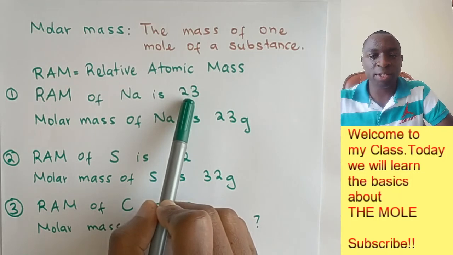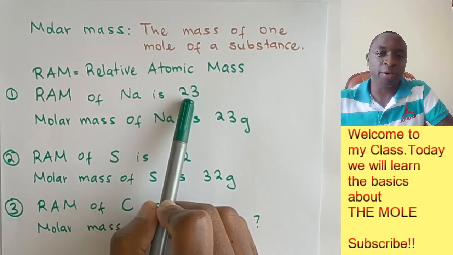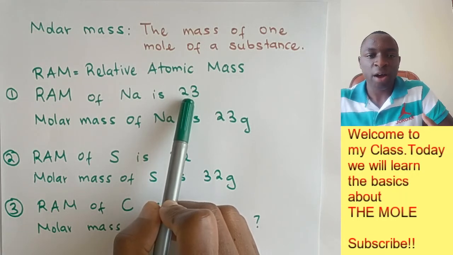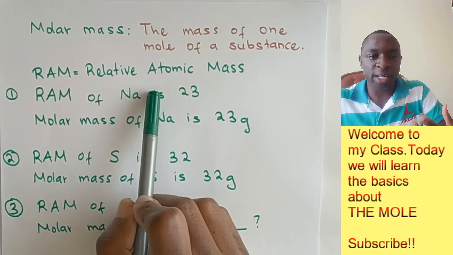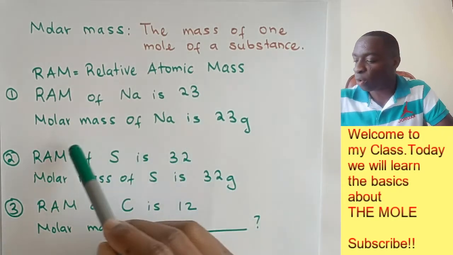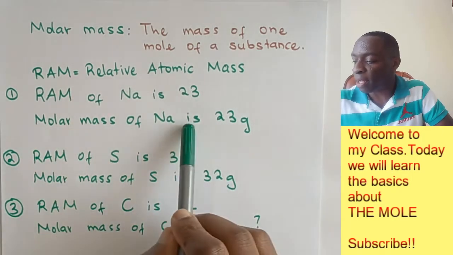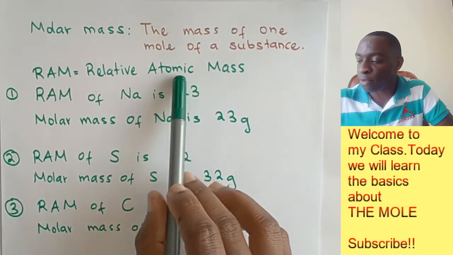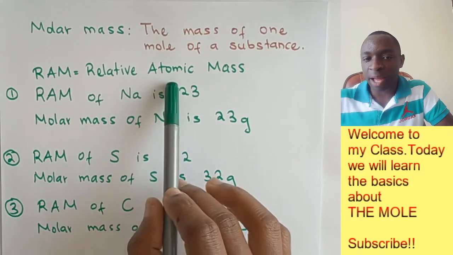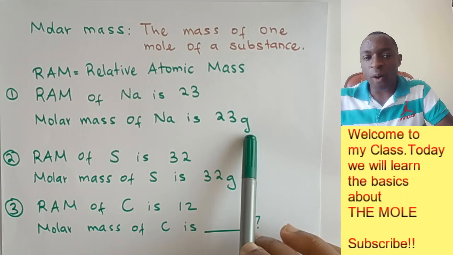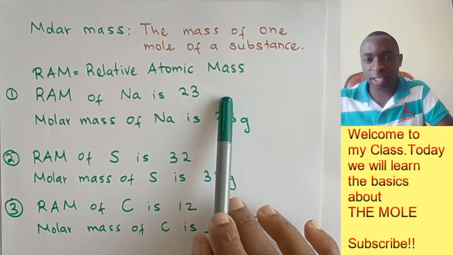This number 23 can be found in the periodic table, and it is the atomic mass of sodium. So the molar mass of sodium is 23 grams. If you take the value of the relative atomic mass of sodium and add grams to it, it means that 1 mole of sodium will have a mass of 23 grams.